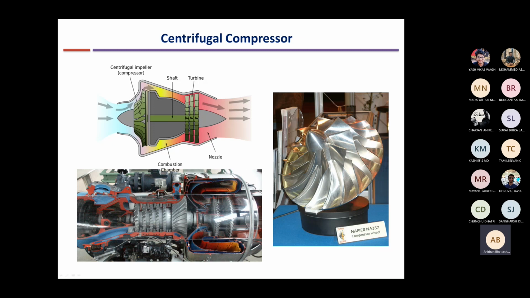Not only that, but you subsequently need a diffuser also. The increased velocity in the impeller, that kinetic energy, needs to be converted to an increase in pressure. So that diffuser itself will also lead to more cross-sectional area, as you can see here. And then finally, the air has to be deviated from the radial direction to the axial direction to pass it to the combustion chamber.